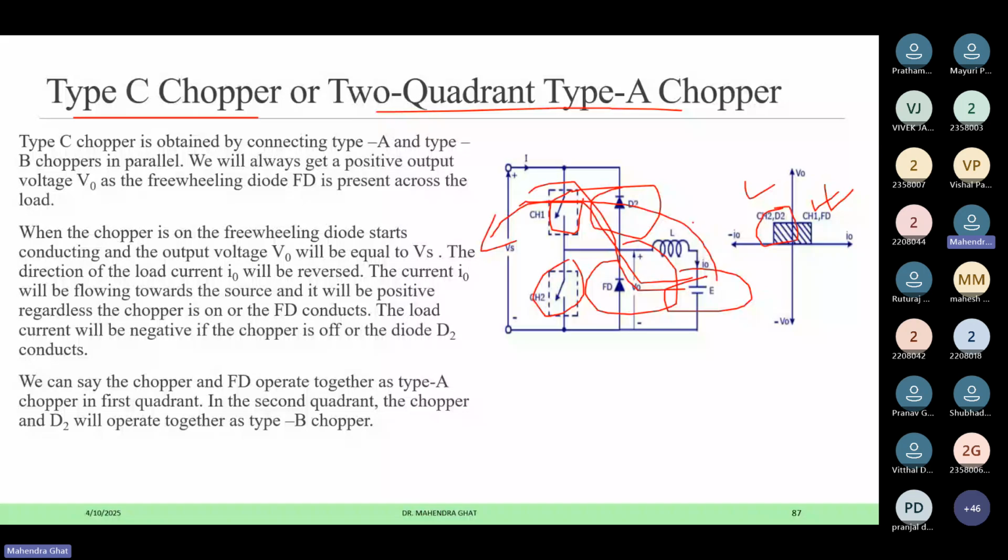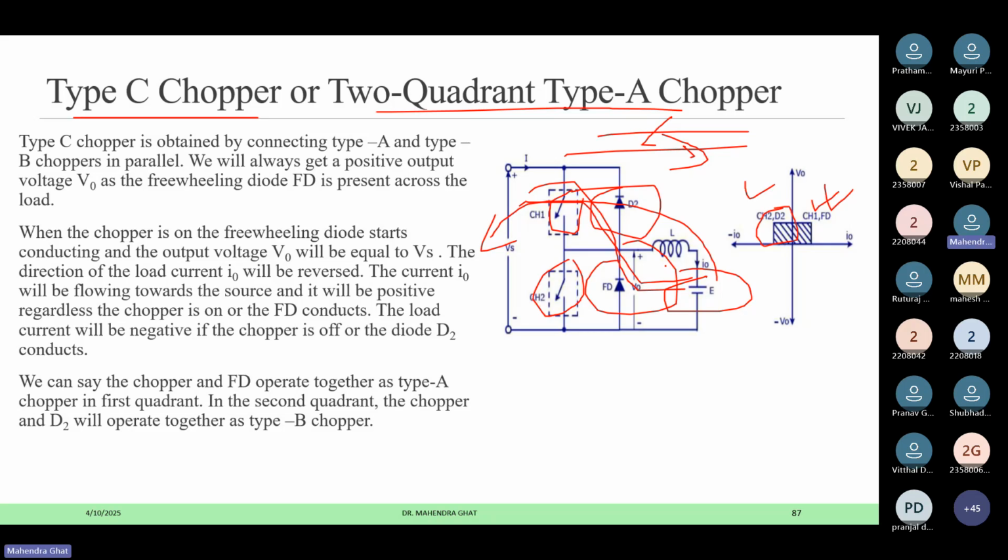So it is either buck or boost in one direction, not both. In this direction it is buck, in this direction it is boost. It is called the synchronous buck converter or the synchronous boost converter.